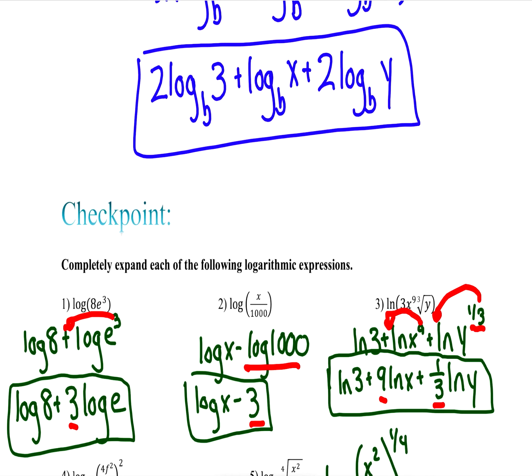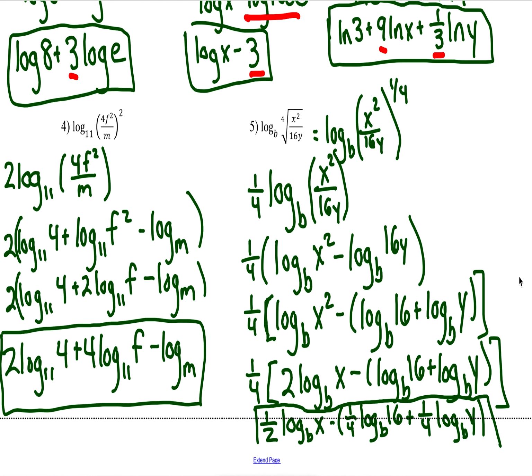Now 4 and 5 involved a lot of steps, so let's take a look at 4 and 5. So number 4, the very first thing I did, if you see that first exponent, the exponent on the outside of everything, the whole argument's getting raised to the second power, so that's why I brought that 2 out in front first.